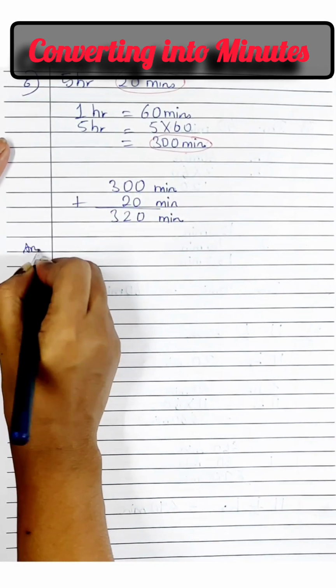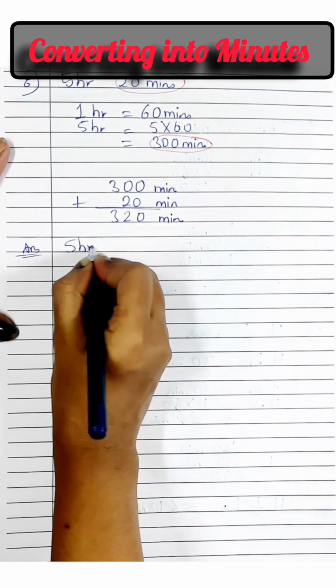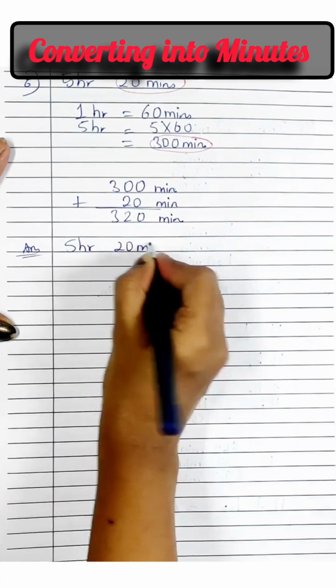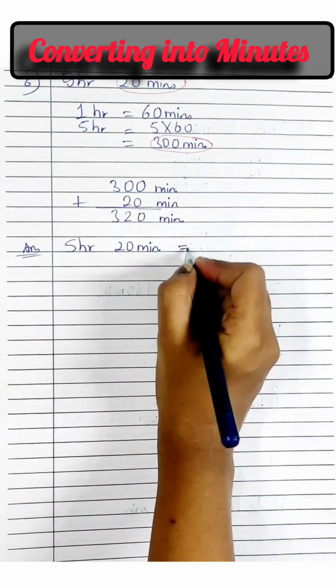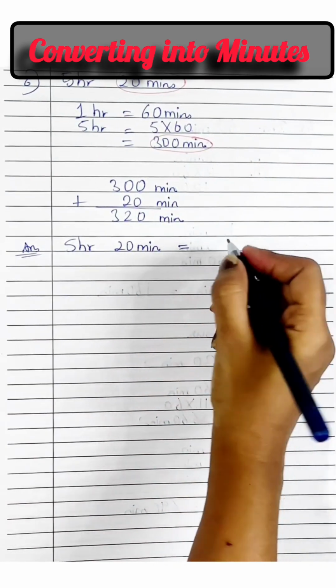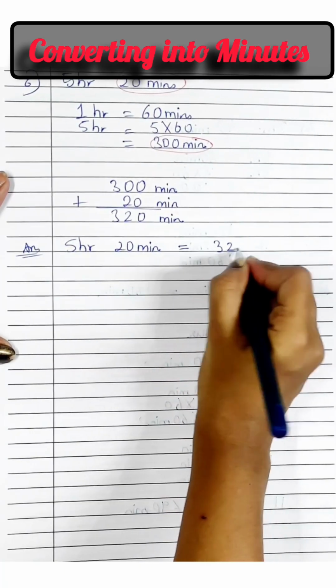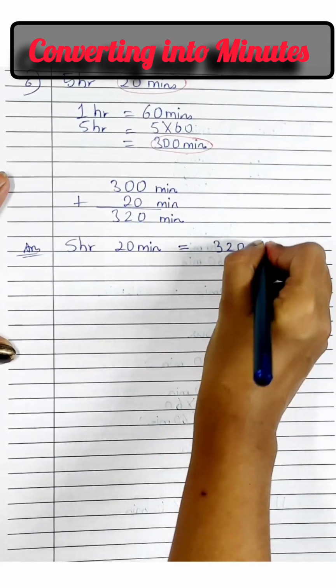That means if we convert 5 hours 20 minutes into minutes, the total is 320 minutes.